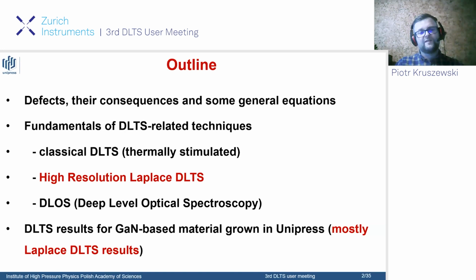And finally, I will present our results obtained for gallium nitride materials, which we grow in UniPress, I mean, in the Institute of High Pressure Physics; UniPress is the historical name. So mostly I will concentrate on Laplace DLTS results.